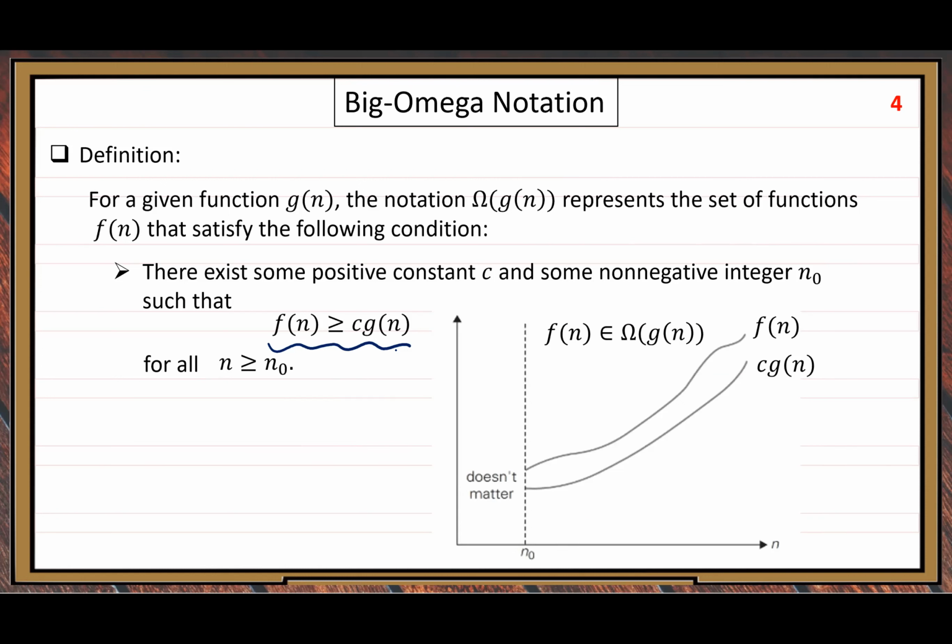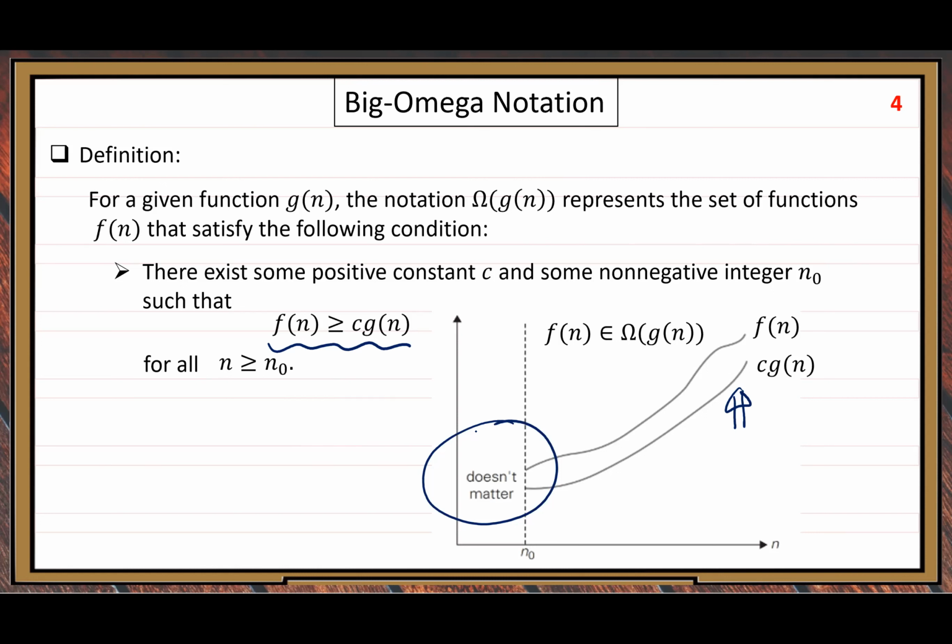If you look at the graph, this time you do the lower bound estimate. You don't care about the upper bound estimate. You just describe the lower bound estimate. Still this side doesn't matter, for the same reason.